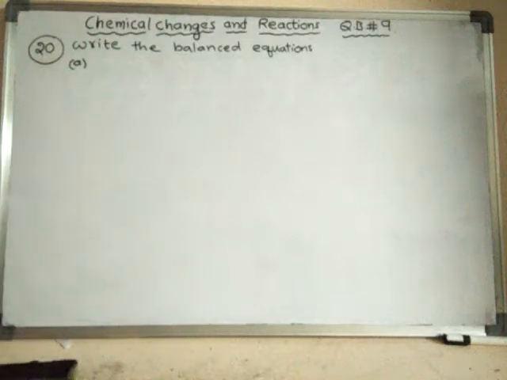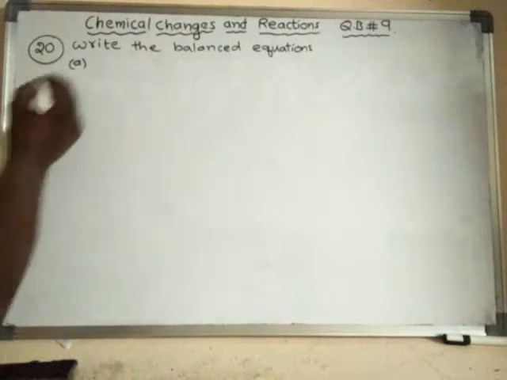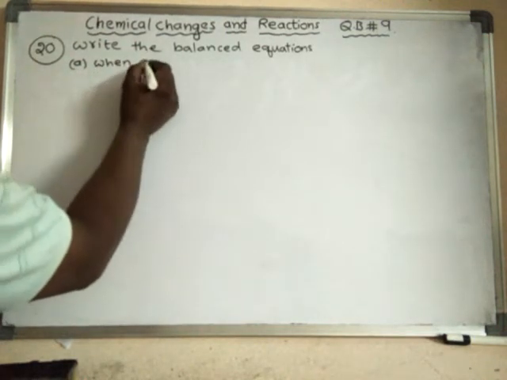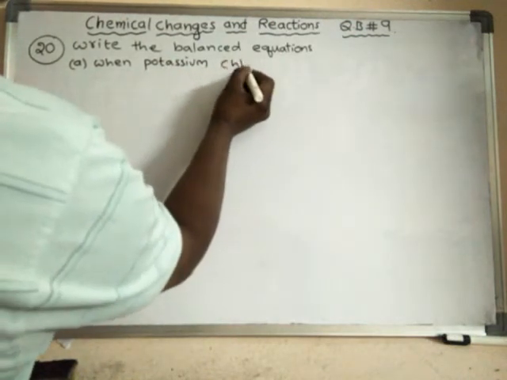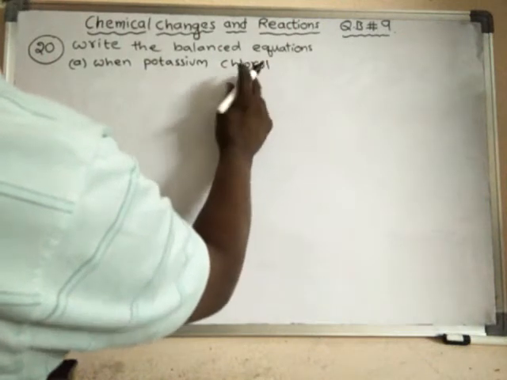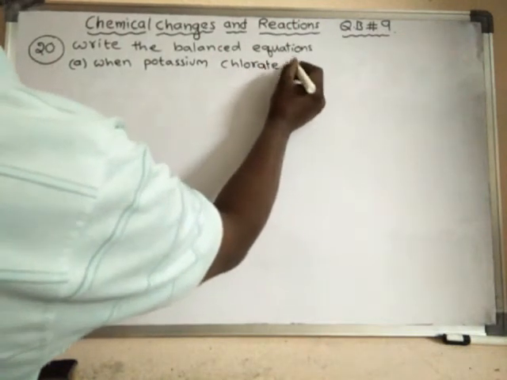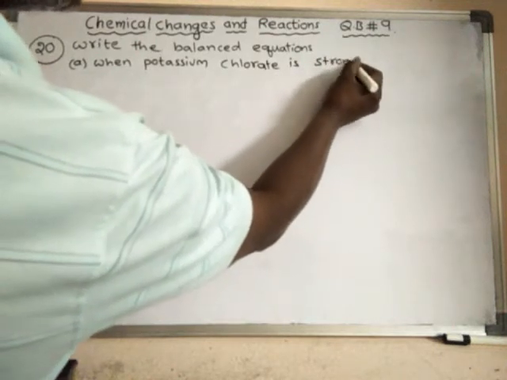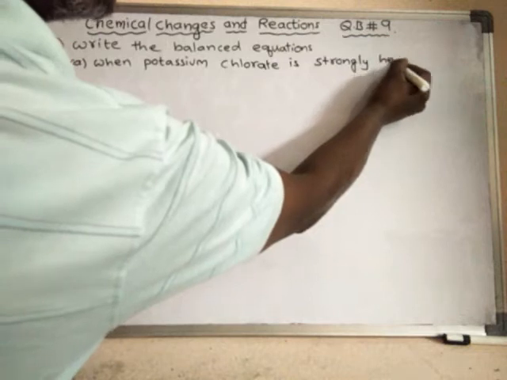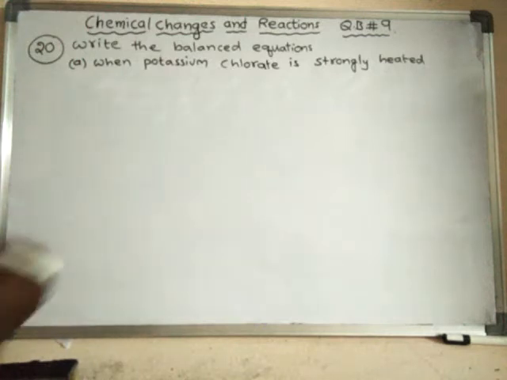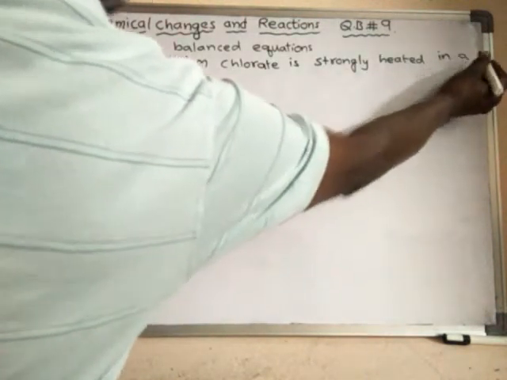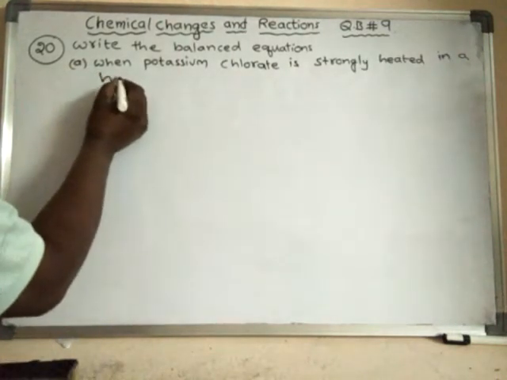The first sub question is the balanced equation for when potassium chlorate is strongly heated in a hard glass test tube.